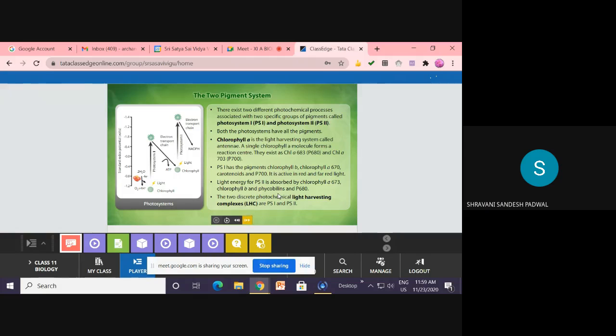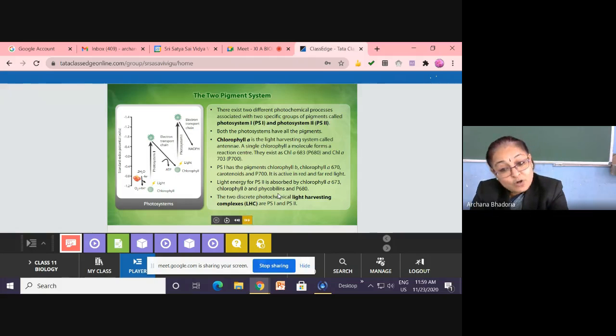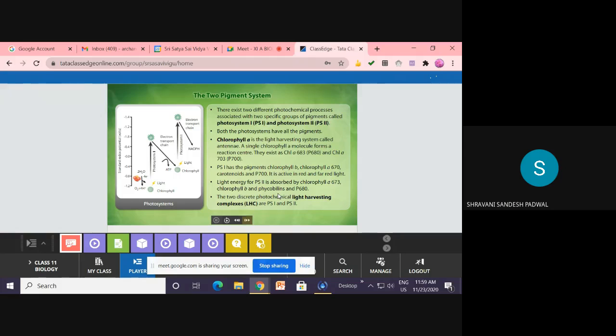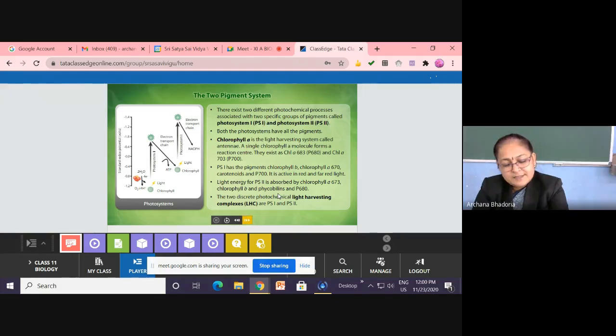Ma'am, PS2 absorbs light energy. It is made of chlorophyll A, chlorophyll B, phycobilin, and P680, the reaction center.